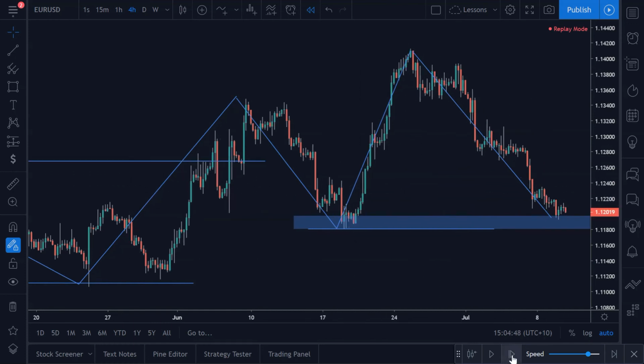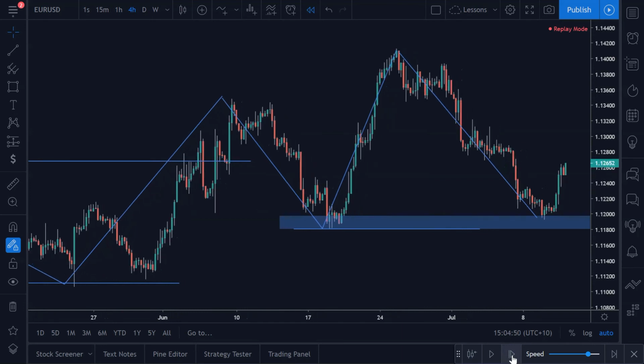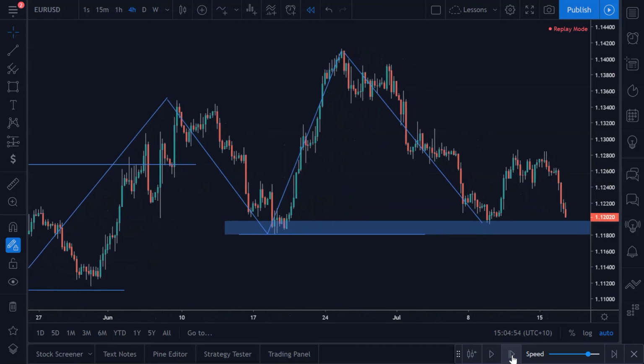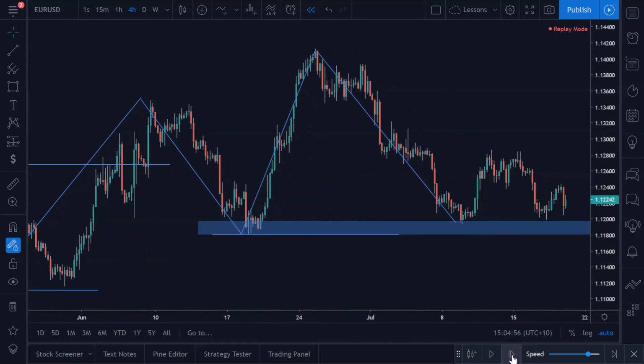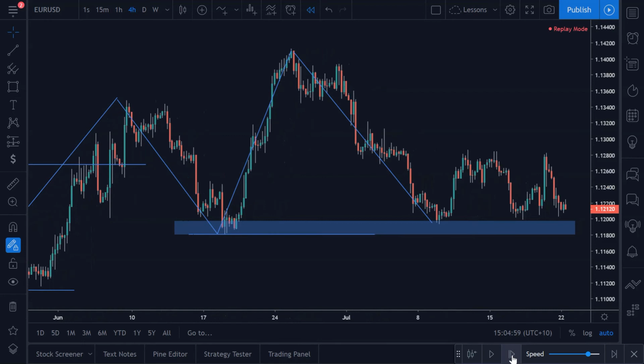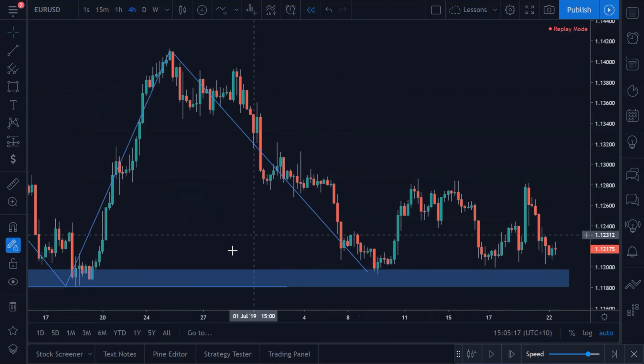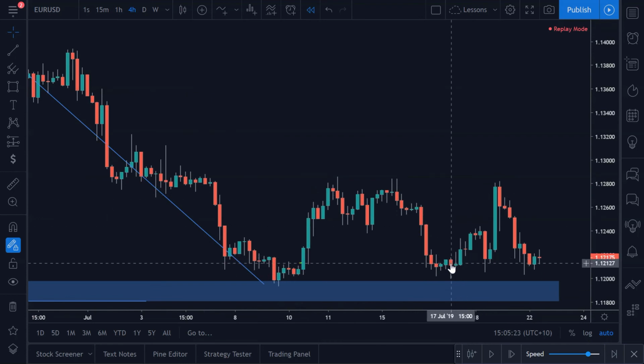So let's play this market forward a little bit. And so I don't really see any way to have entered this initial bounce out of this zone. But here I see a hammer candle with a long wick to the downside and a small body at the top.